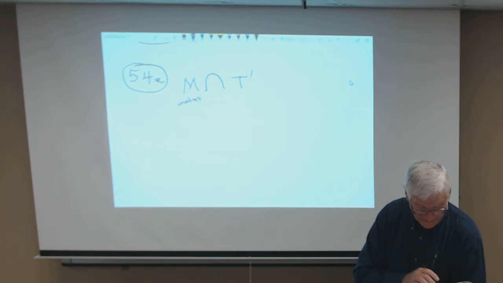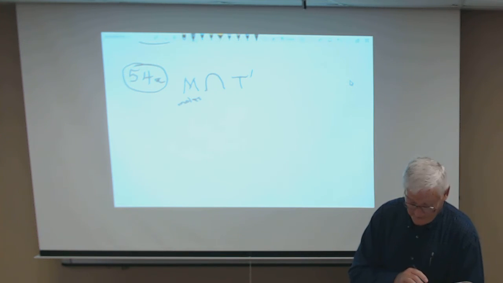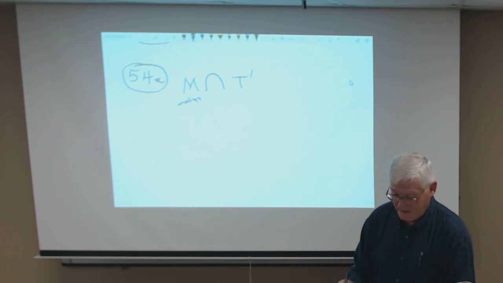What's T? So the complement of T would be employees, if it's under 21, to be 21 and over, right? Would that be right?